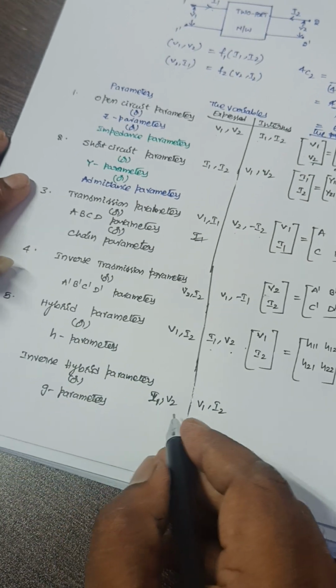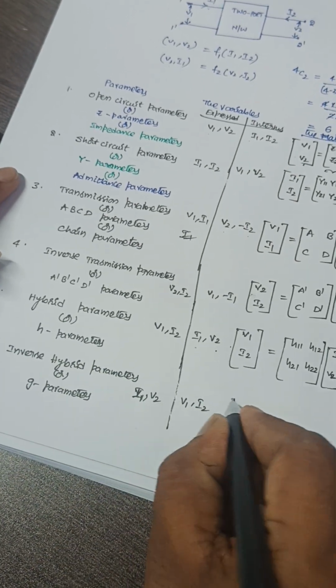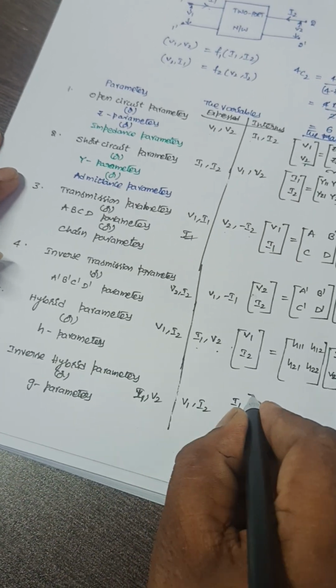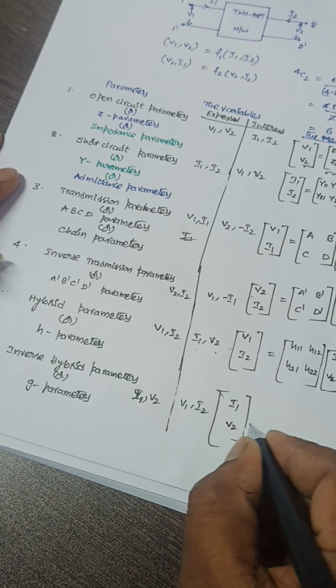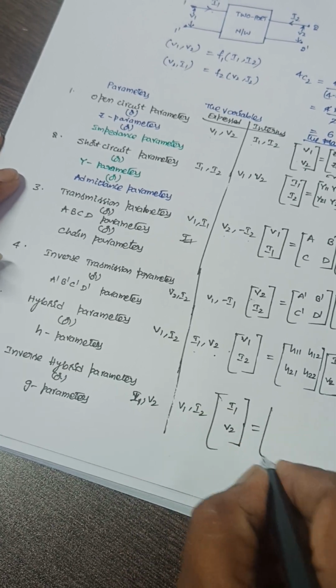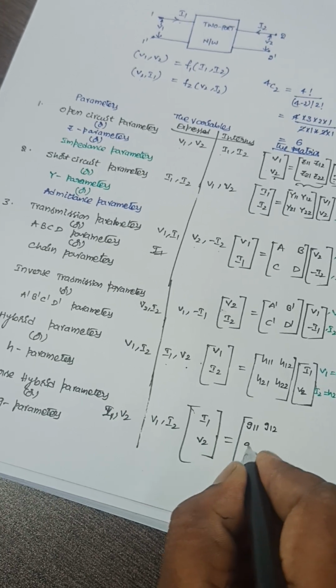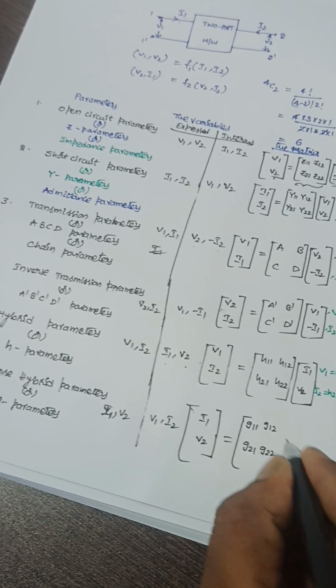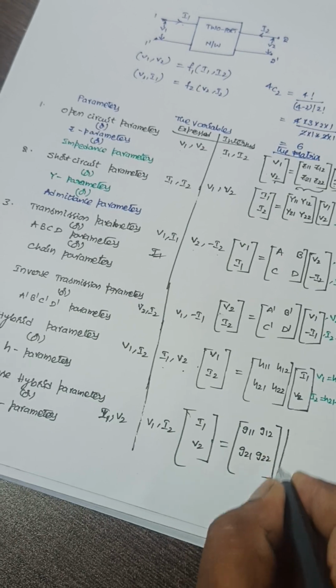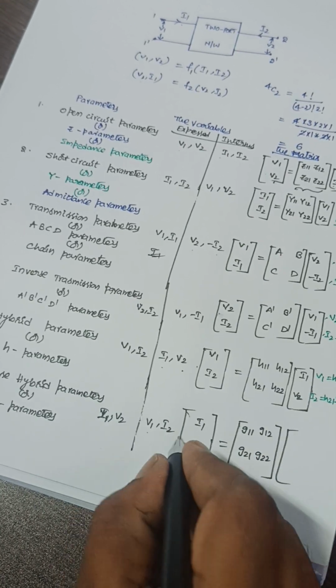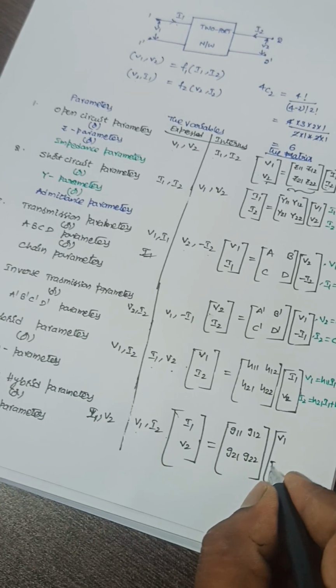In vector matrix notation, I1 and V2 is equal to the matrix G11, G12, G21, G22 times V1 and I2.